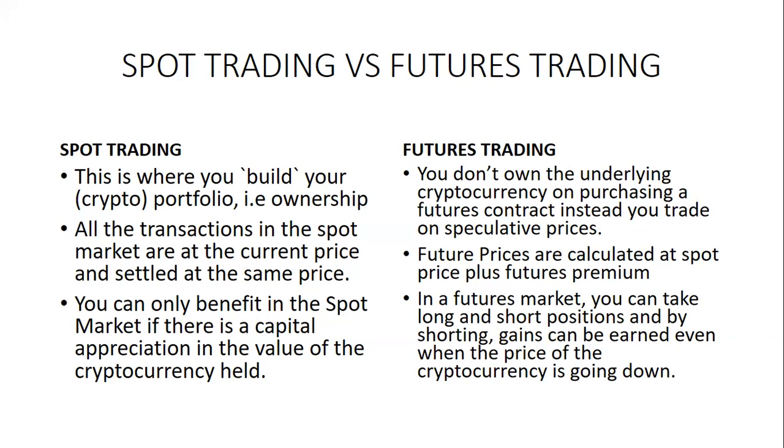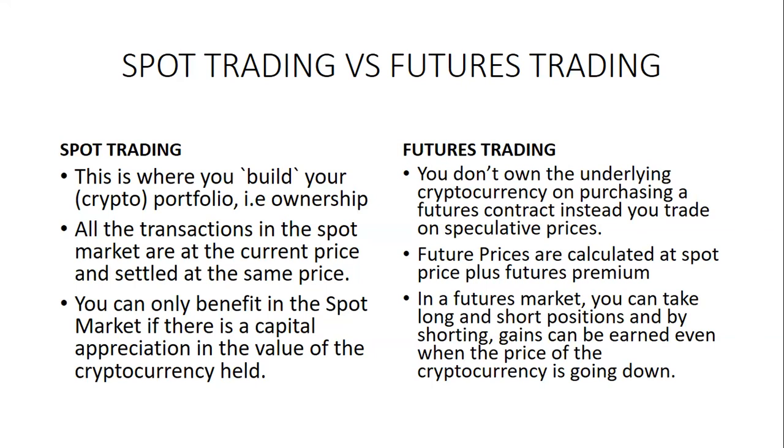Basically, when you hear spot, you hear the price that the market is at, the current market price. Any transaction where you are buying at that price and getting into the market at that price is spot. You are buying or selling at that price, that's spot.